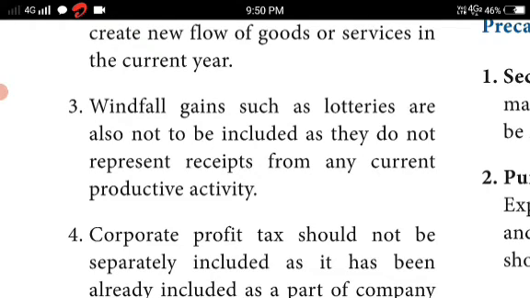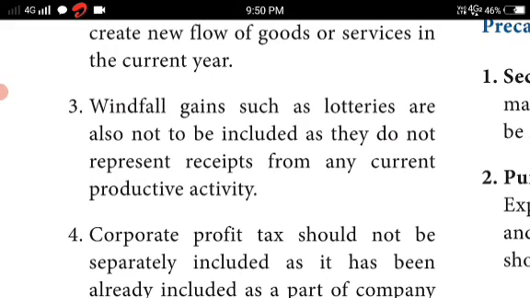Sudden offers, getting a huge amount of money, which may be a lottery or treasure, anything. Suppose they got it, that is not any productive activity. Sudden gain is called windfall gain.